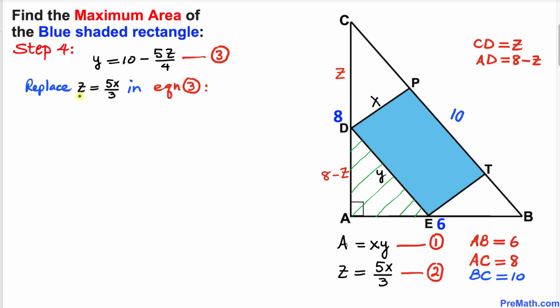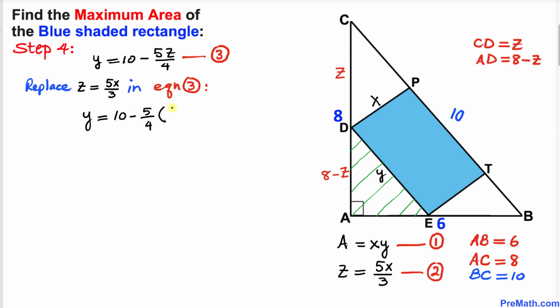And now let's substitute z equals 5x over 3 from equation 2 into equation 3. So wherever we see z, I'm going to replace it by 5x divided by 3. So therefore, our equation 3 is simply going to become y equals 10 minus 5 divided by 4 times 5x divided by 3.